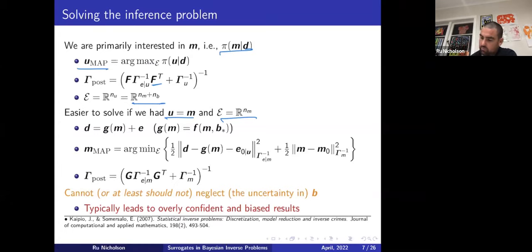Okay, so if we accept that it would be much easier to solve this problem only for M rather than for all the unknowns, M and B, it's tempting to just consider a setup like this. I'm sure a few people in the audience are familiar with this argument and know where this is heading.